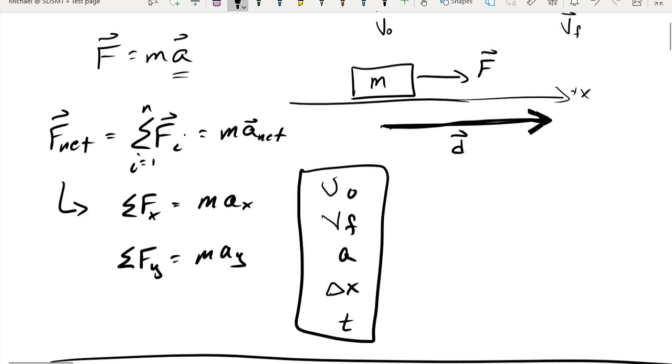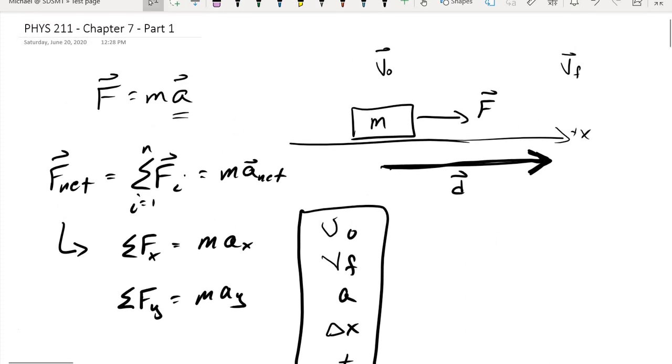And the kinematics said that as long as you had 3 pieces of information, you could solve for the other 2. And so that's what we're going to continue doing. We're going to basically continue using kinematics, except we're going to hide the kinematics in a new term, or let's just call it a different approach to solving the problem.